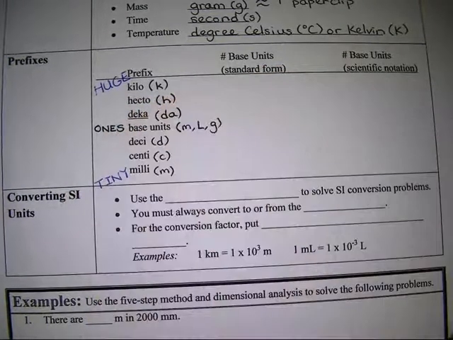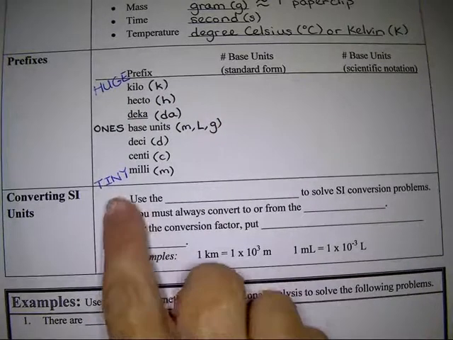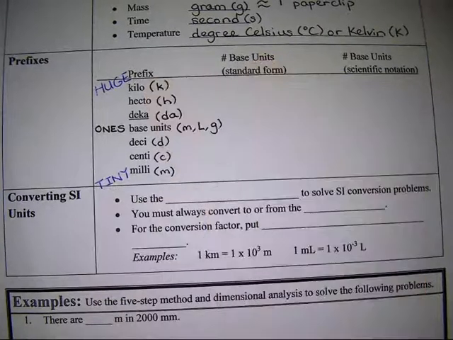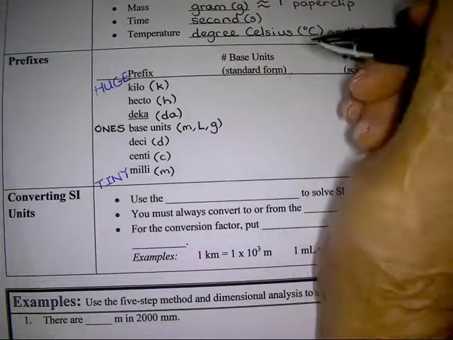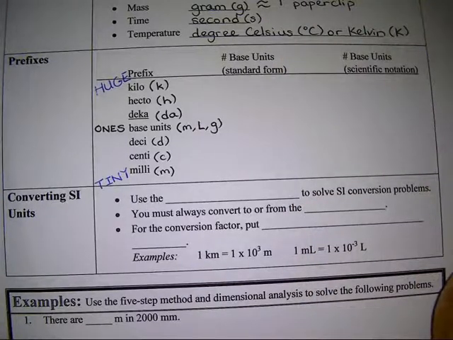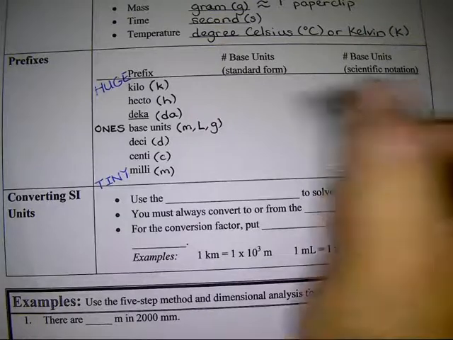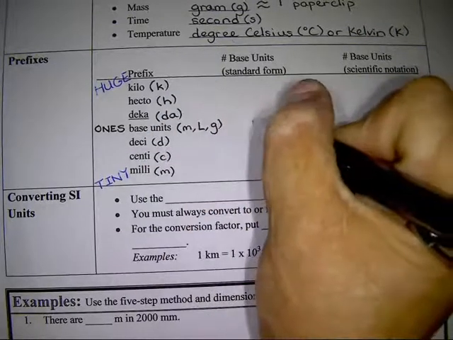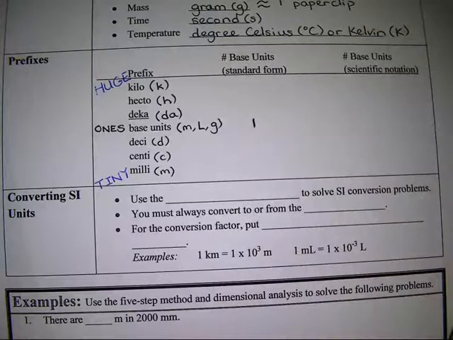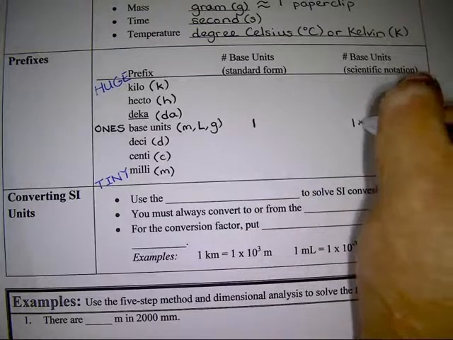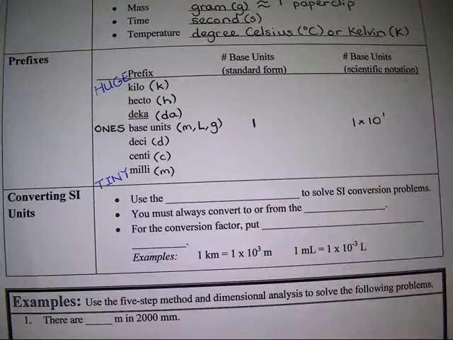Okay, and this can help you later on when we are converting, because then you can think a lot of tiny stuff has to fit into one huge thing, okay? Alright, now let's talk about the number of base units in standard form and also in scientific notation, okay? The easiest one to figure out is the base units for the ones. It's one base unit, okay? And in scientific notation, then, that would be 1 times 10 to the 1 power.